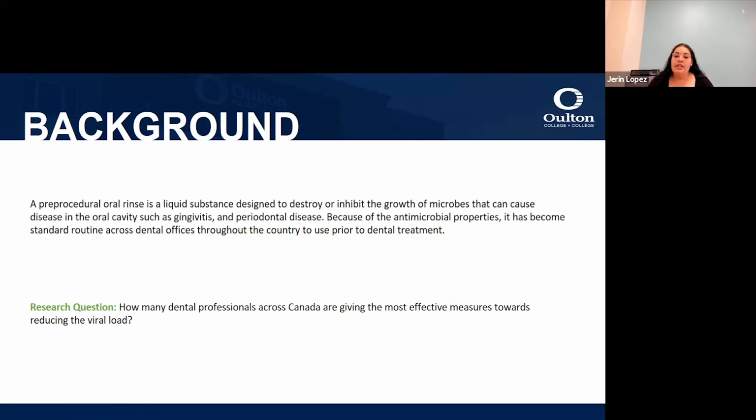Because of its antimicrobial properties, it's become a standard routine across dental offices throughout the country to be used prior to dental treatment. So the question that we were looking at was how many dental professionals across Canada are actually using the most effective measures towards reducing the viral load.